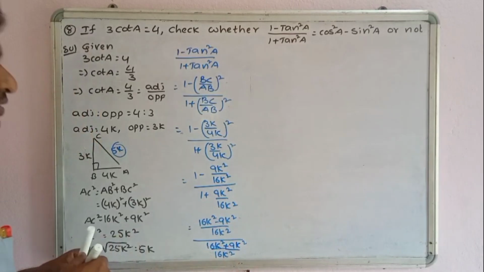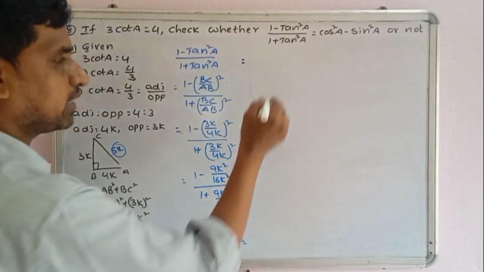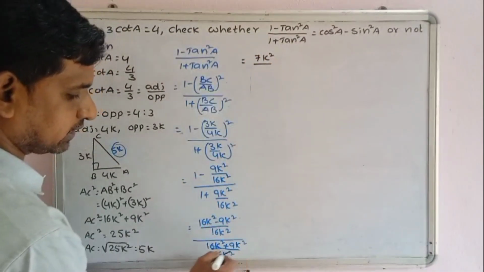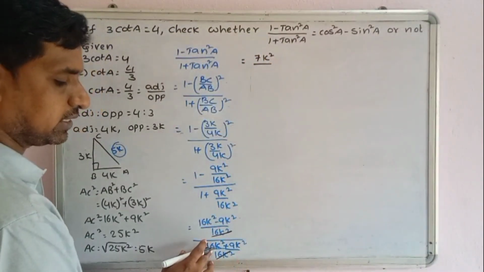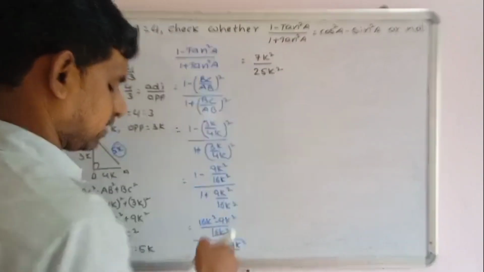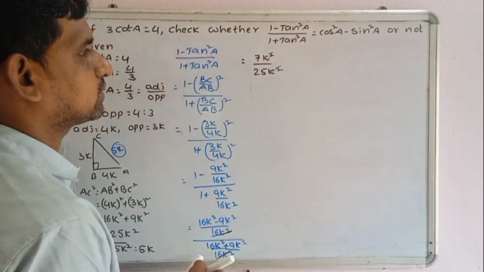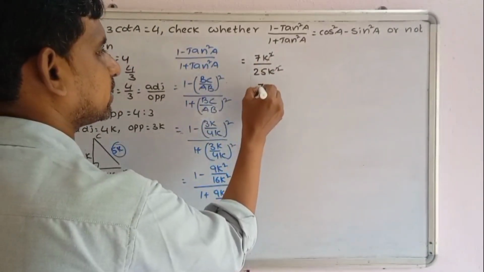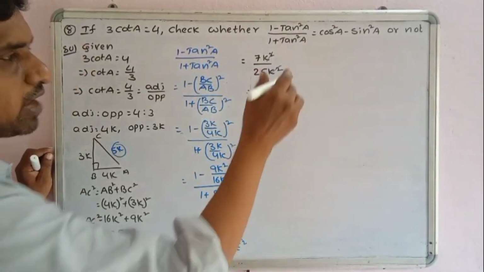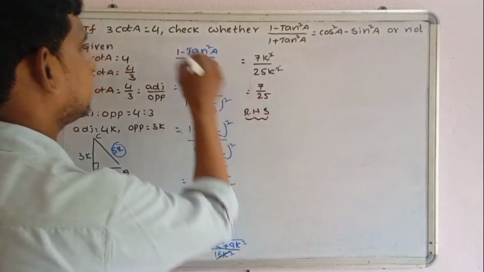That equals 16k square minus 9k square is 7k square, by, so here 16k square cancels, 16k square plus 9k square is 25k square. Now k square gets cancelled, so the final answer is 7 by 25. This is LHS. Now find the value of RHS.